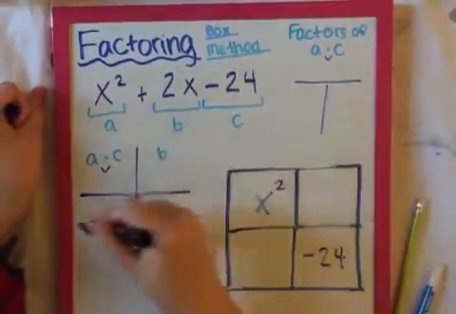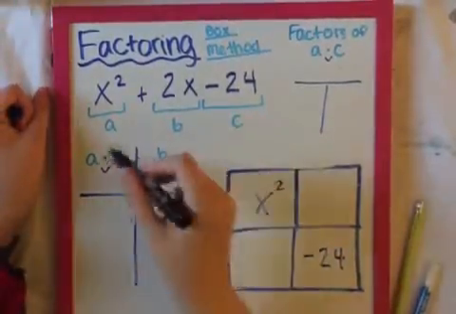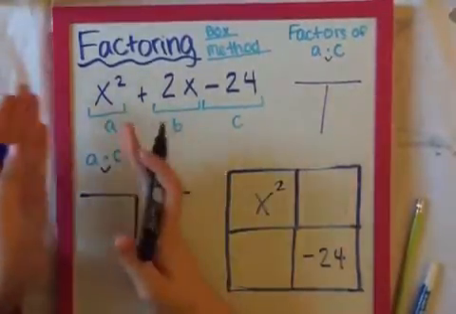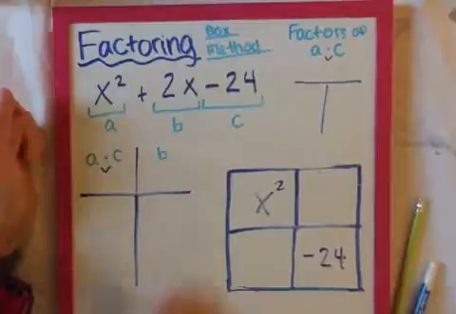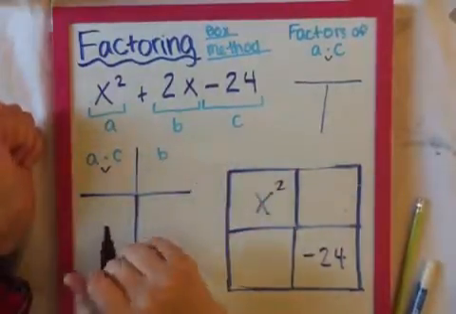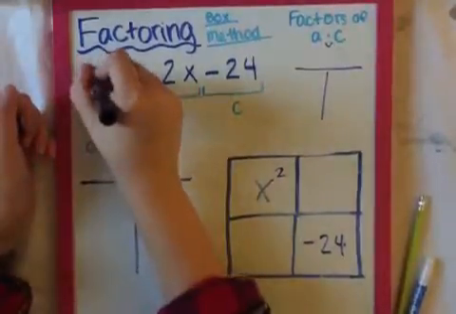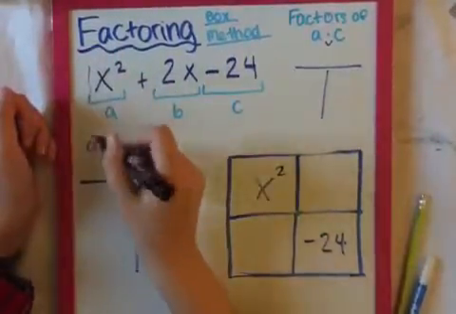I made a t-chart because that's what helps me. And so we have A times C in the first column and B in the second. And what we're going to try to do is, so A is kind of, you have a 1 right there. It's kind of like an invisible 1.